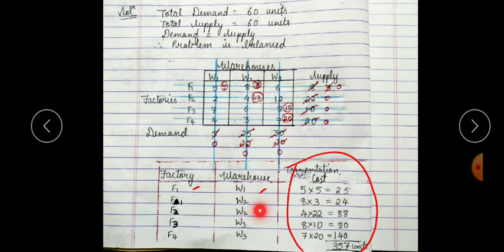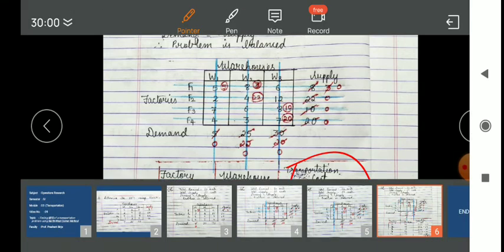Okay, so what is this? f2 to w2, 4 into 22. You can see this, 4 into 22. Next one is this, that is f3 to w3. f3 to w3, what is it? 8 into 10. So 8 into 10 I am writing here.